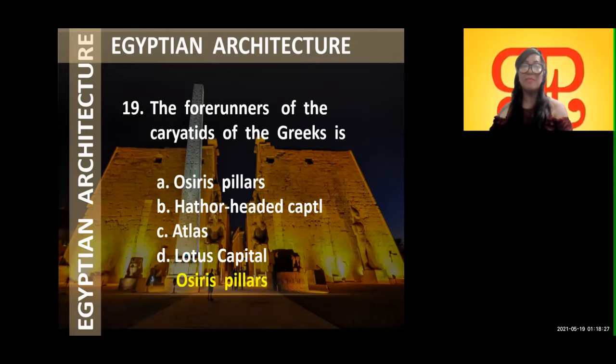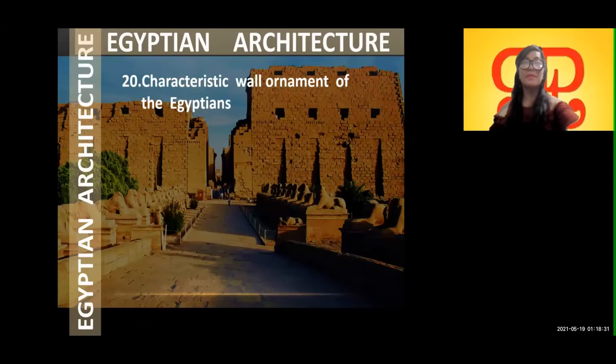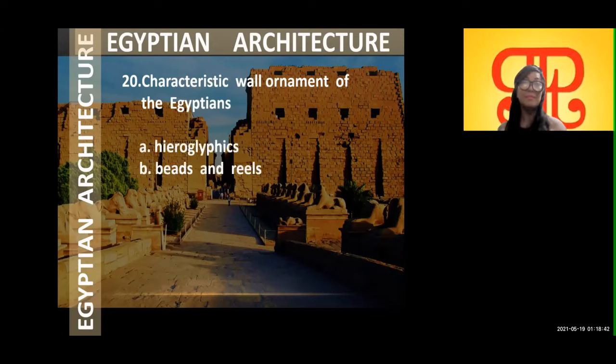Next, number 20. Characteristic wall ornament of the Egyptians. Is it A, hieroglyphics? Is it B, beads and rails? Is it C, polychrome brickwork? Or is it D, papyrus leaves?